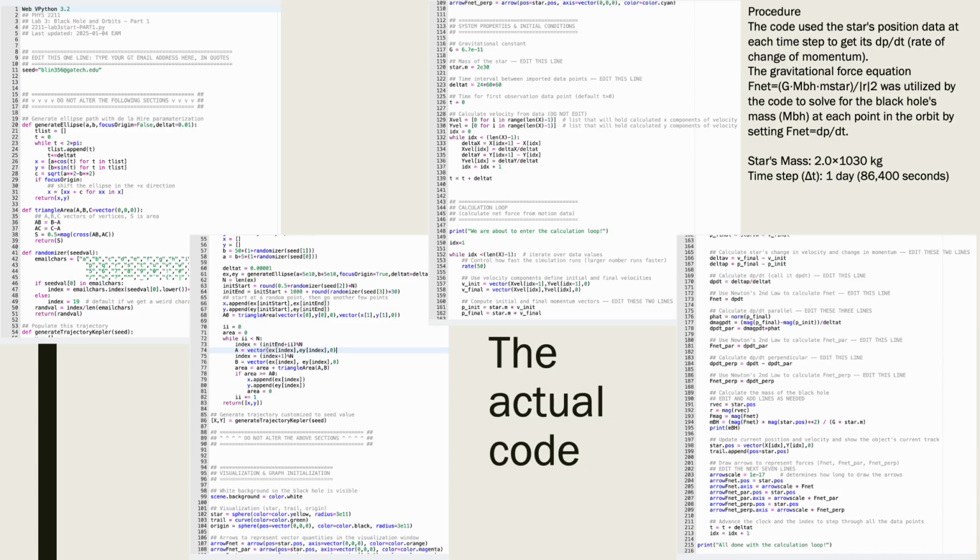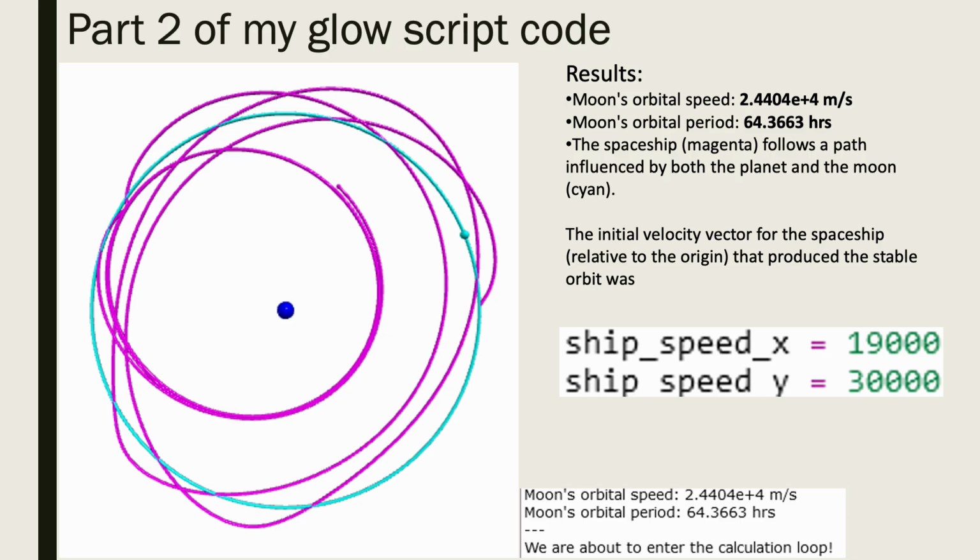The GlowScript code used the star's changing position to calculate its momentum change, and using F net, we could solve the gravitational formula. We could solve for the black hole's mass. This approach mirrors how astrophysicists determine the masses of unseen celestial bodies using gravitational effects.